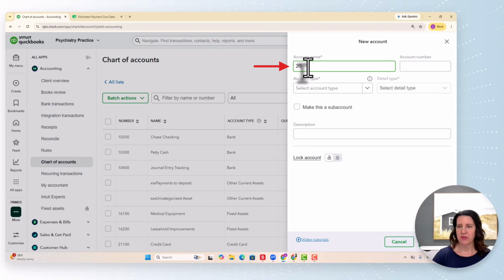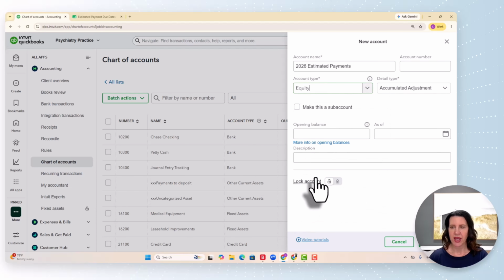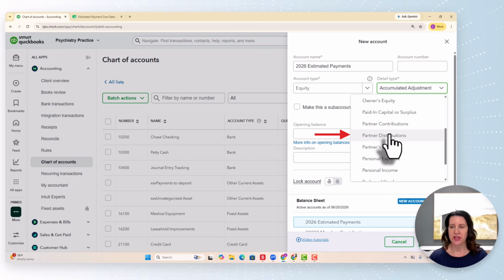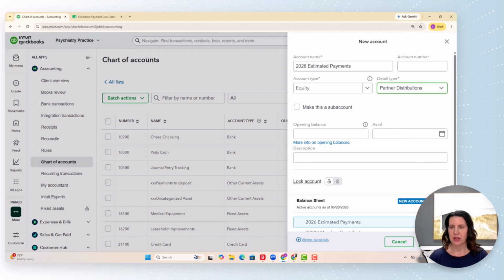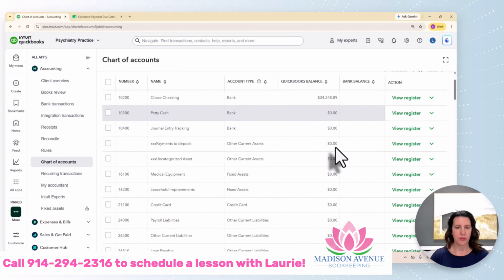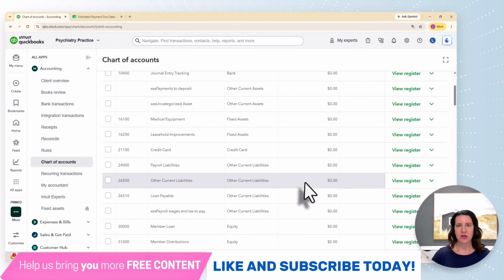So I would put the year you're in, the name estimated payments, drop it down, go to equity, and I would pick partner distributions. One other thing, I wouldn't make two accounts, one for state, one for federal. They should all just go in there.